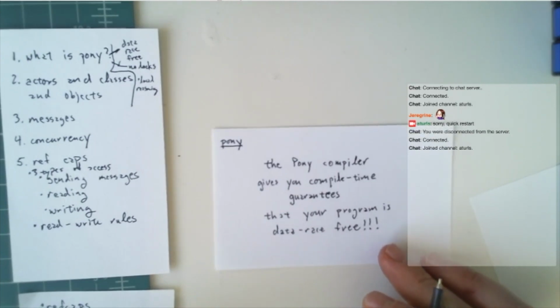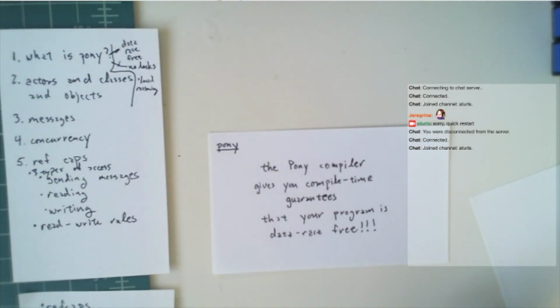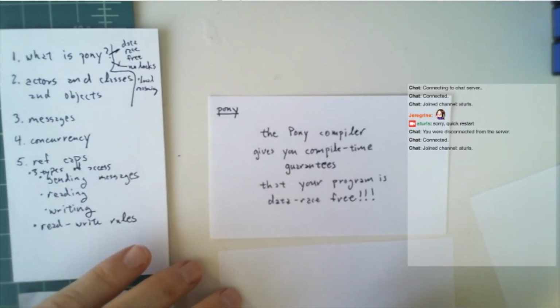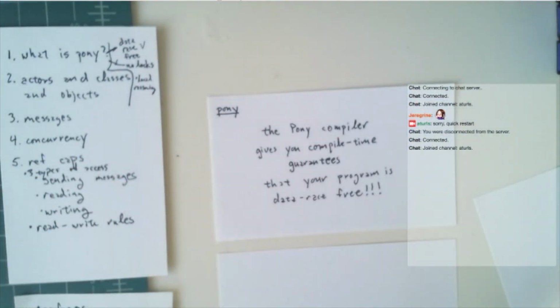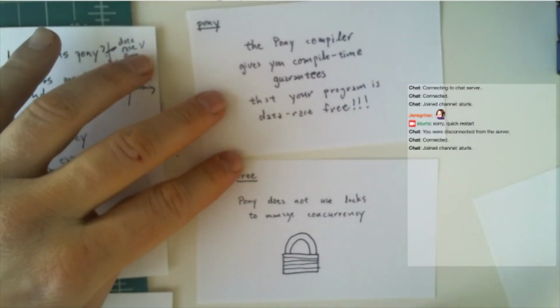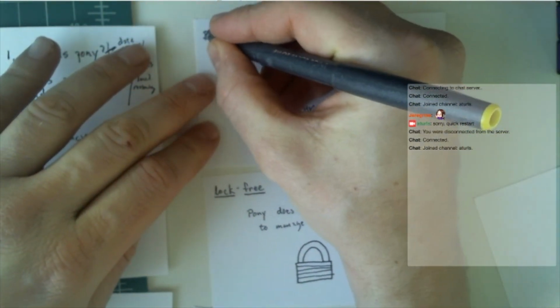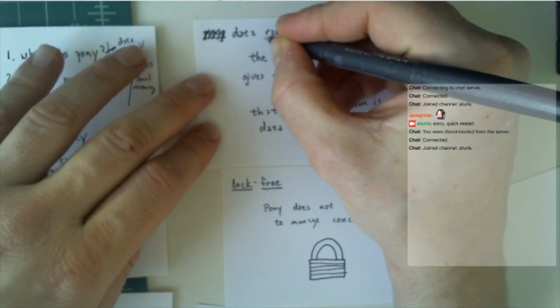So the Pony compiler gives you compile time guarantees that your program is data race free. So let's see, that's the data race free part. Pony does not use locks to manage concurrency. So maybe we just call this data races.